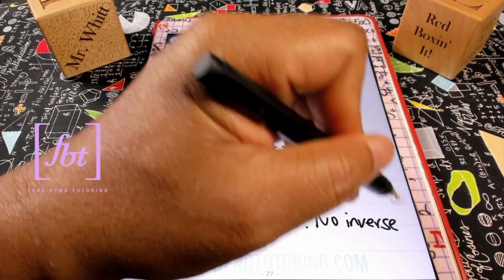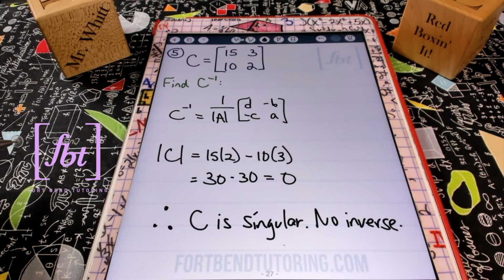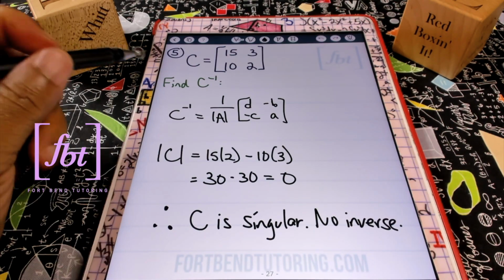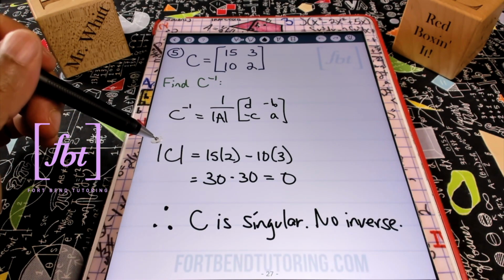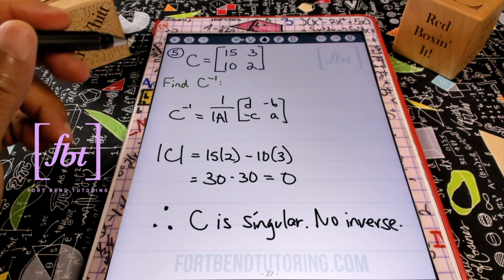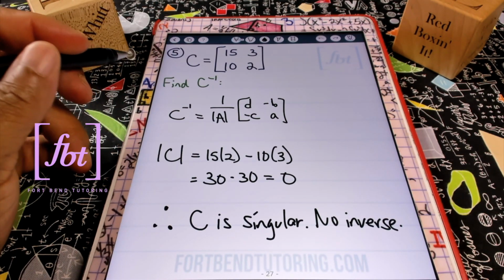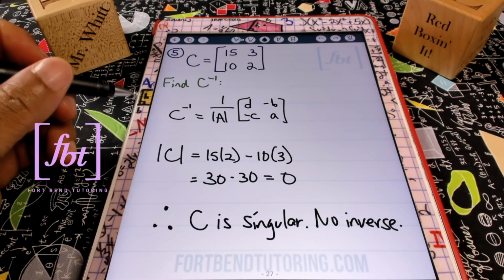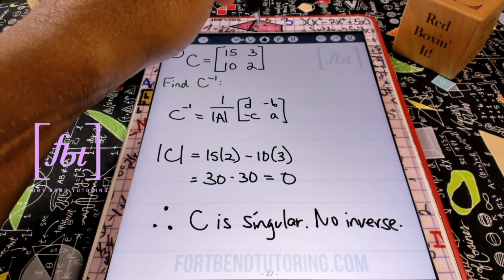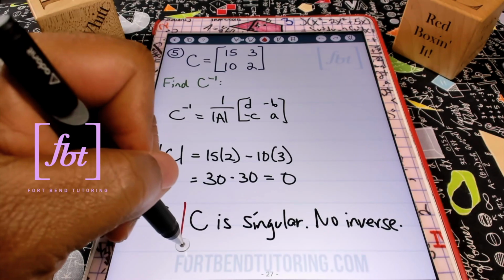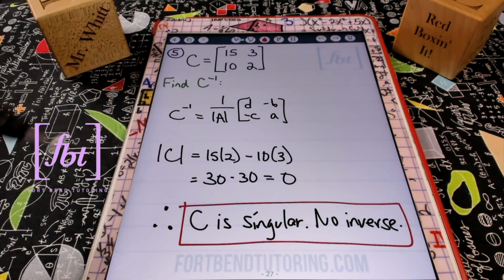All right. There you have it. So there is no inverse for matrix C because it is singular. So based on the fact that our determinant for C is 0, we know that the inverse does not exist for matrix C, and because it doesn't have an inverse, it is singular. So C is singular, no inverse here. Red box it. Just like that, people.